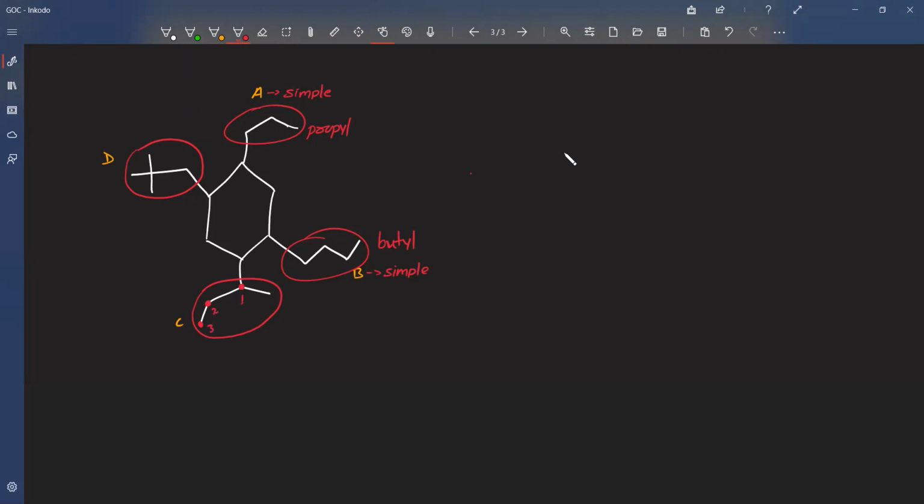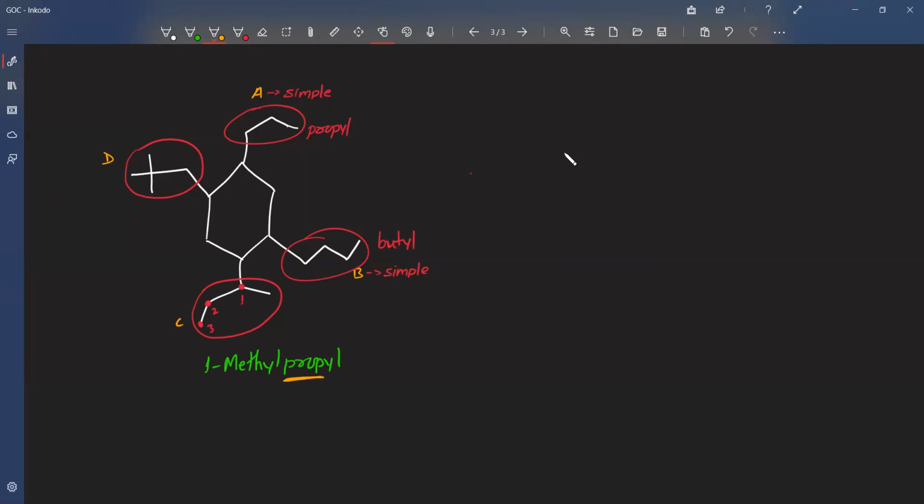So will it be 1-methyl butyl? Correct. What I was confused about was that if I put one, then it will rather be a straight chain than a branched one, right? There was one more mistake. It will not be butyl, it will be propyl.